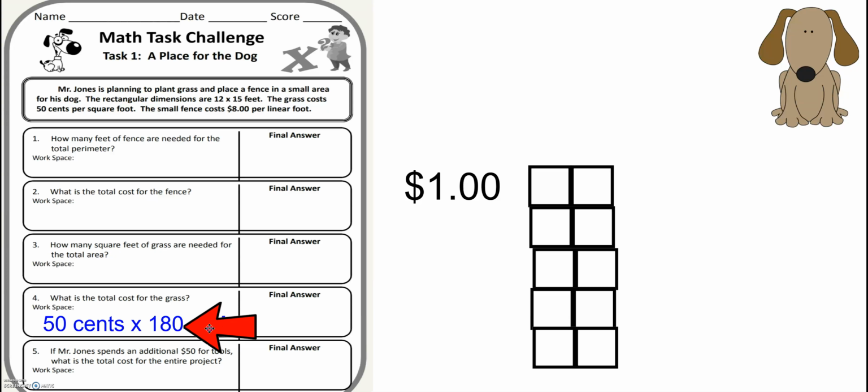So if I cut my 180 square feet in half to 90 square feet, I can do my $1 times 90 square feet, because for every $1, I'm getting 2 of the square feet. That's why I can cut this in half. Now, can you use that to solve for the total cost of the grass?